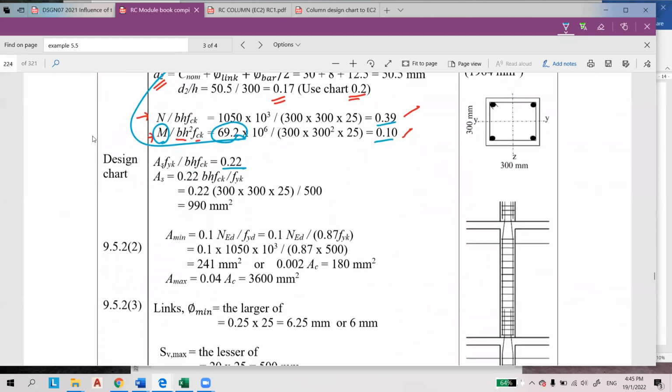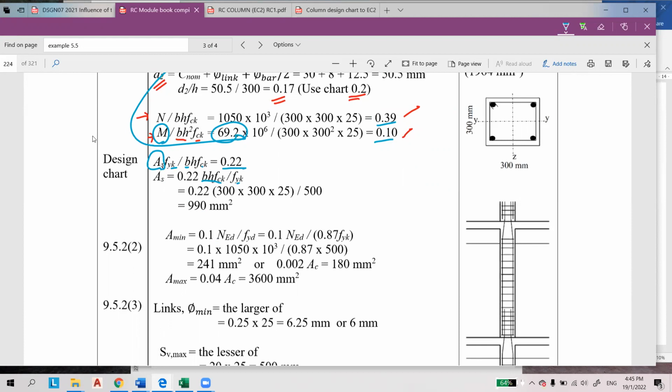So you just use these equations. Simple mathematics. Because we want to know the value of AS required, you must bring the BH FCK to the top and FYK to the bottom.